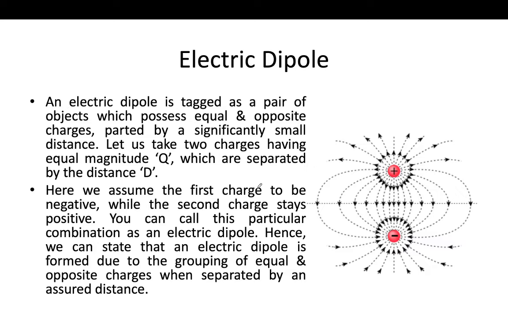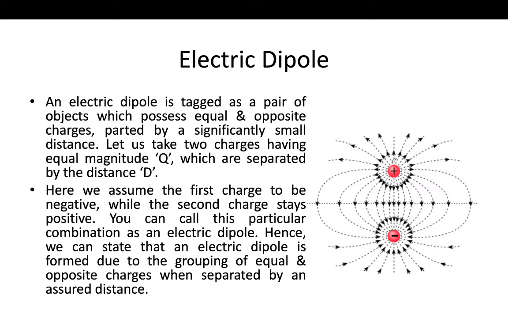Here we assume the first charge to be negative while the second charge is positive. You can call this particular combination an electric dipole. Hence, we can state that an electric dipole is formed due to the grouping of equal and opposite charges when separated by a certain distance.